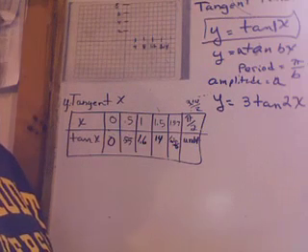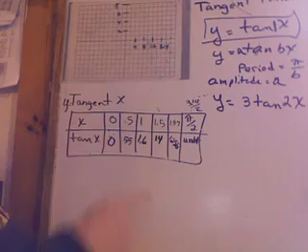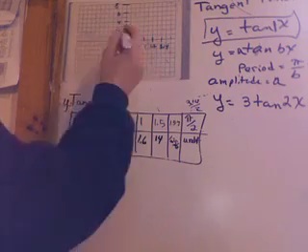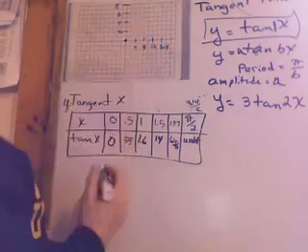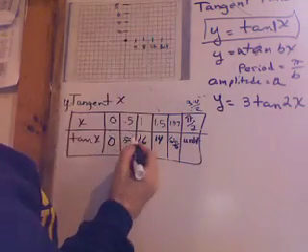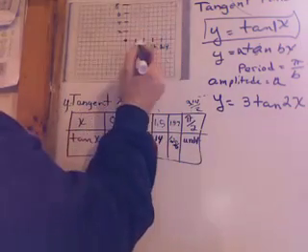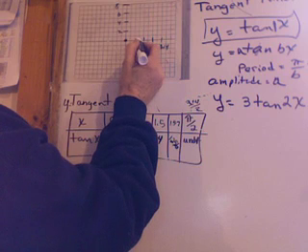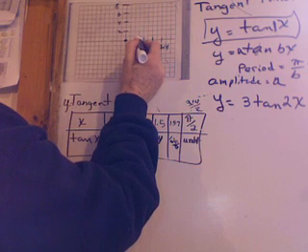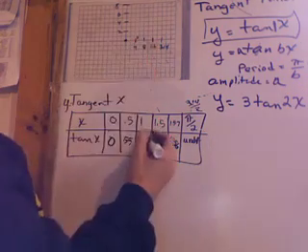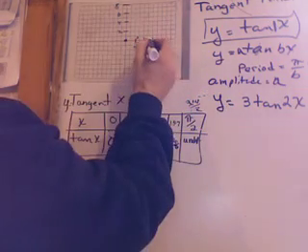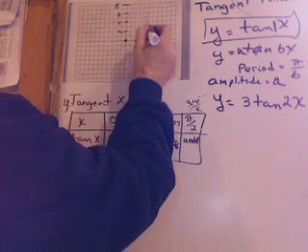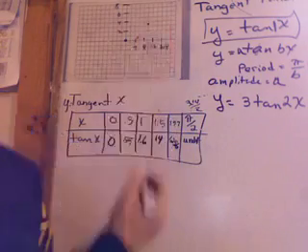Okay, so I made a chart using my calculator, and at 0, of course, the tangent is 0. At 0.5, it's 0.55, so I'm right there. At 1, I'm up at 1.6, so I'm up here.